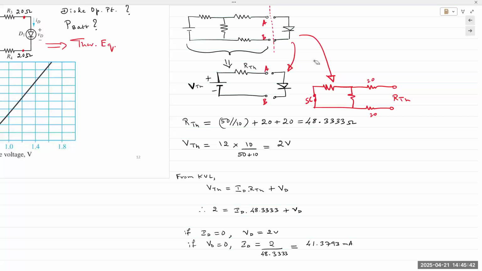If you use source transformation, we can have a current source in there, we replace it with Norton. We'd still have to apply a current division to determine the diode current. So the number of steps would be pretty much the same. But yeah, that is something we can use.